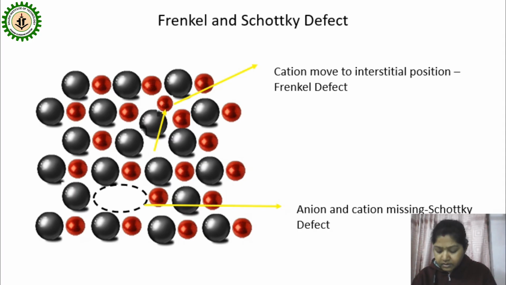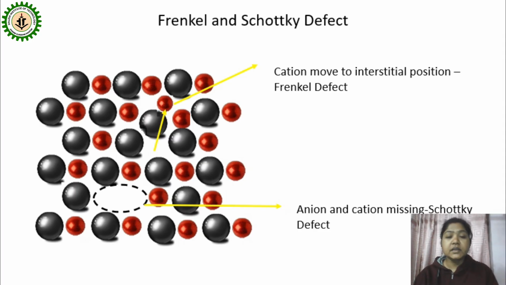Always, when you are talking about the cation and anion, the cation radius is less than the anion radius, because the cation is the electron donor and the anion is the electron acceptor. When it donates the electron, automatically its orbit number becomes lesser, and whenever there is an acceptor, its orbit becomes more.